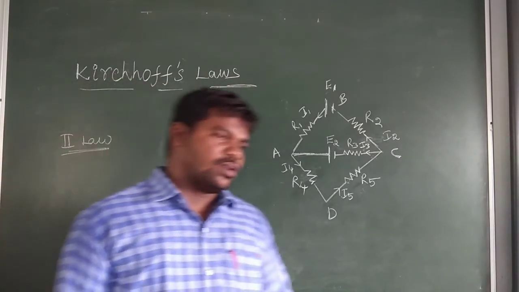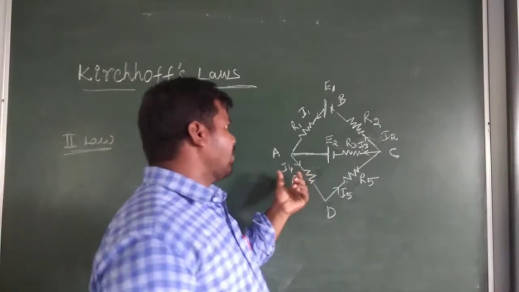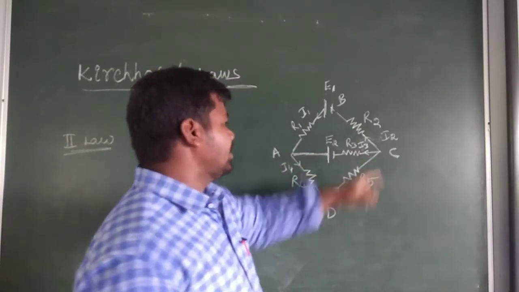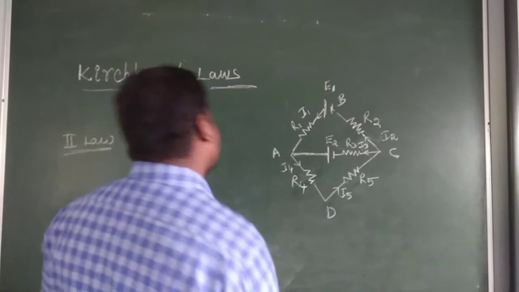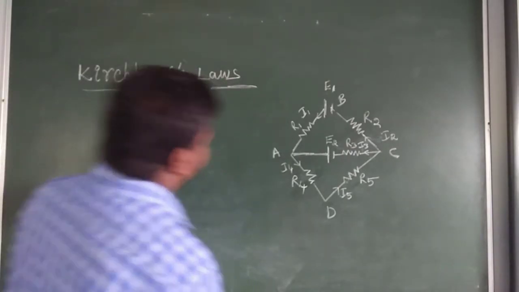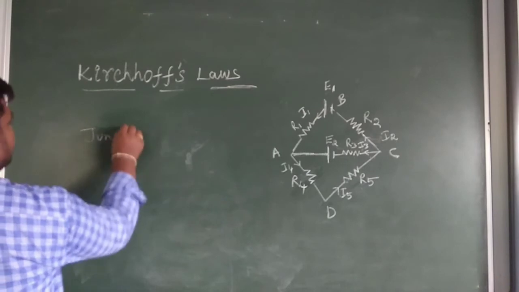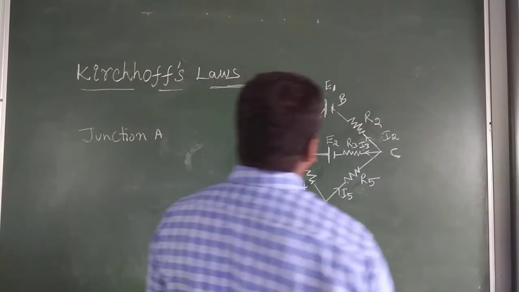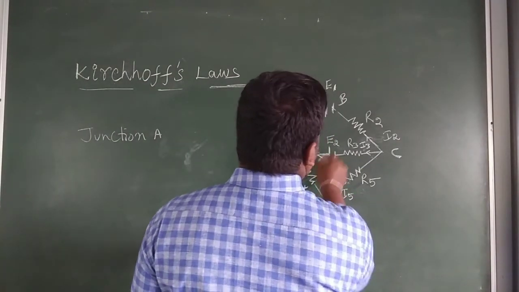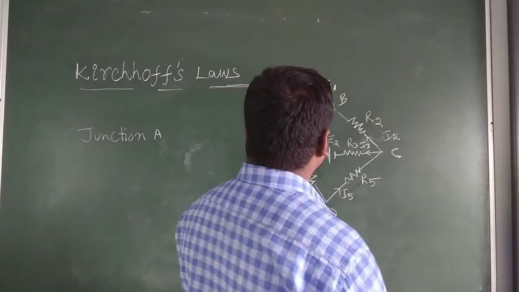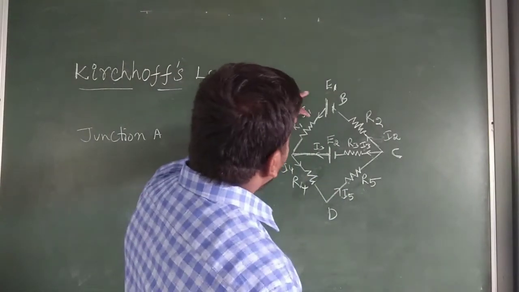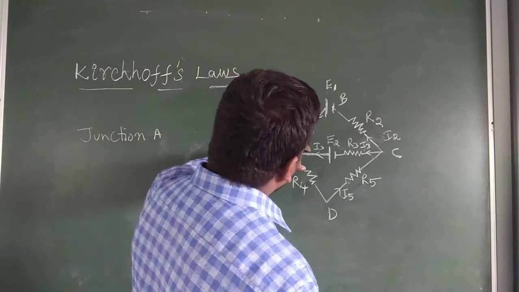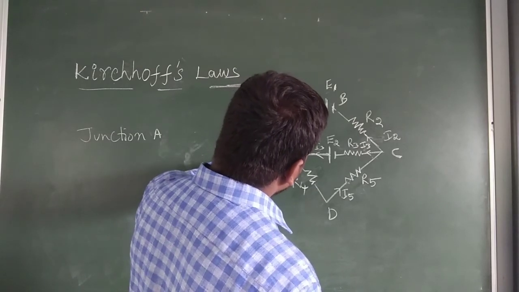Okay, so we have to apply first rule at the junction. Here we have two junctions, A and C. According to Kirchhoff first law, at junction A, see here I1 and I3 are entering into the junction.